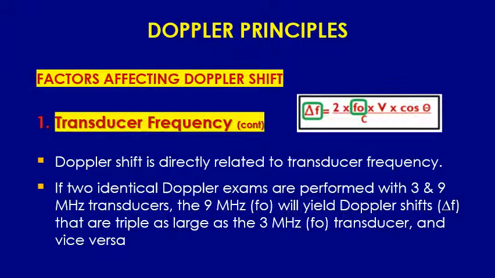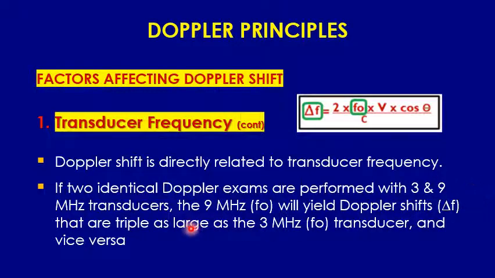So let's have an example about the effect of the operating frequency, or the transducer frequency, on the Doppler shift. If the Doppler exam is performed using 3 megahertz and 9 megahertz probes or transducers, what will be the result?